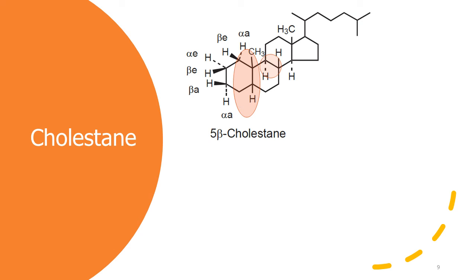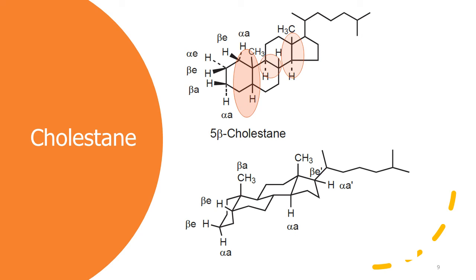The other ring junctures are trans, for example the B and C ring juncture is trans, and the C and D ring juncture is trans. As you can see in the three-dimensional structure, the AB ring has a cis juncture, BC has a trans ring juncture, and CD has a trans ring juncture. No natural steroids exist with a syn type geometry, although such compounds can be chemically synthesized.